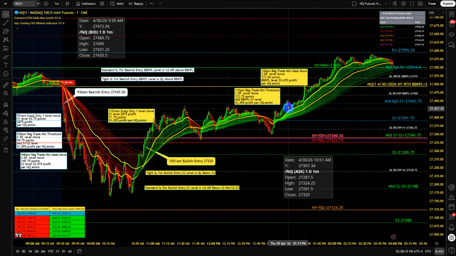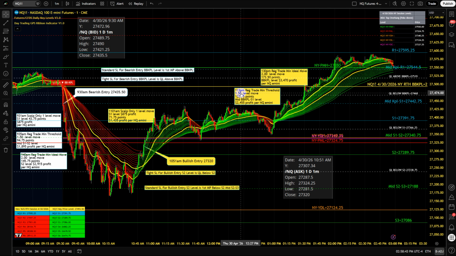Okay, so here at 1:13 p.m. we have our regular trade minimum threshold 1.5 level move. Again, this is a bullish trade from S2, so the S1 is your regular scalp only exit because that's a one level move. Mid BBKPL S1 is your 1.5 level move, and the BBKPL would be your 2 level move on a bullish trade from S2.